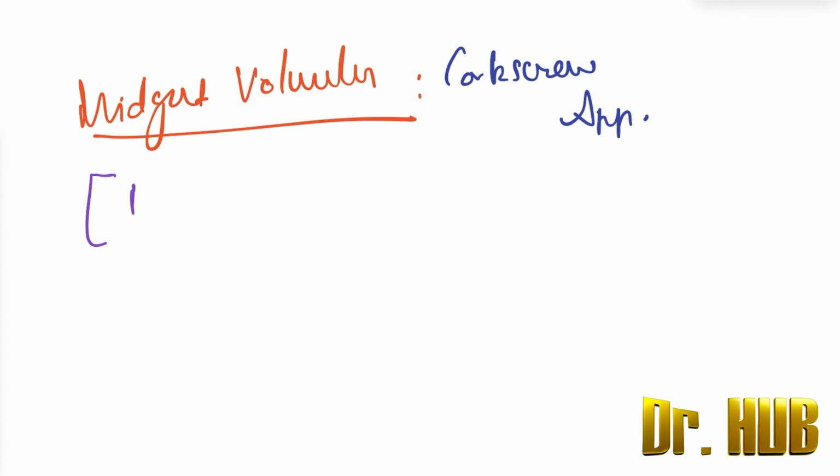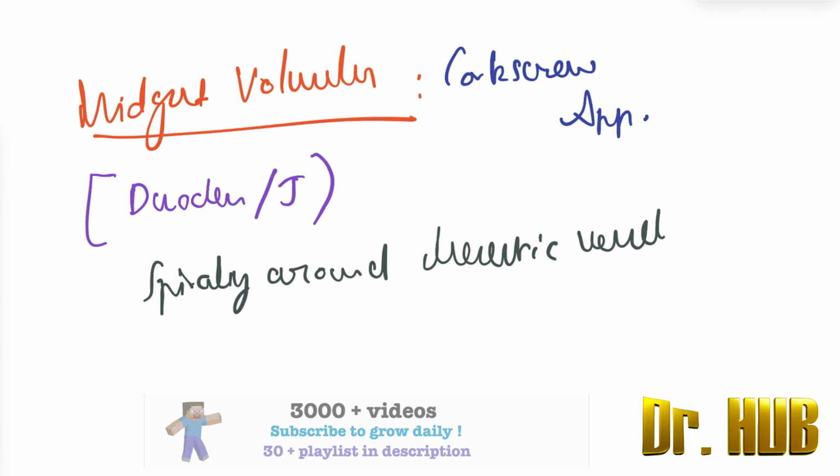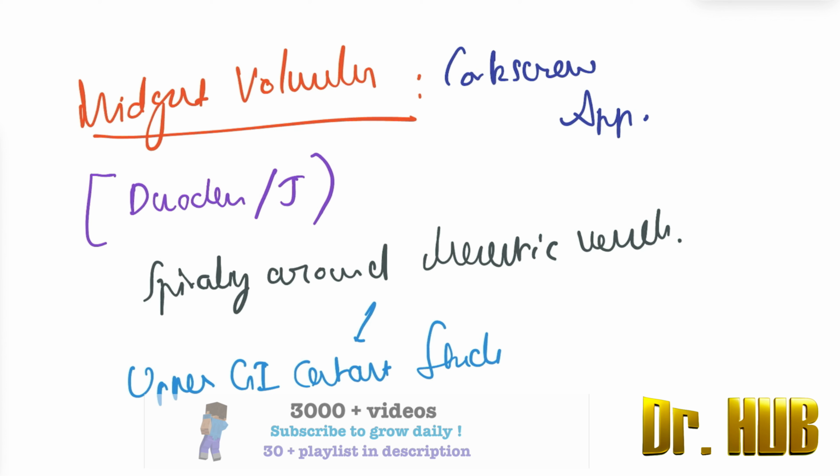There is spiraling around the mesenteric vessels, and this appears in upper GI contrast studies.